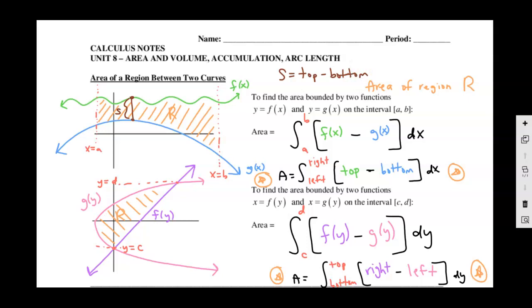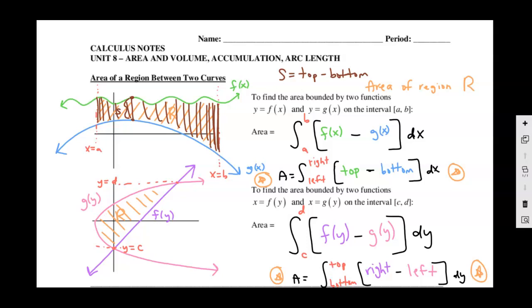And if I take that distance and if I accumulate it, starting with that first one at a, and the next one, and then the next one, and if I accumulate all of those infinitely many slices, each one is top minus bottom, if I accumulate them all the way from the left one at x equals a, all the way to the right one at x equals b, that is how I'm going to get the area between the two.